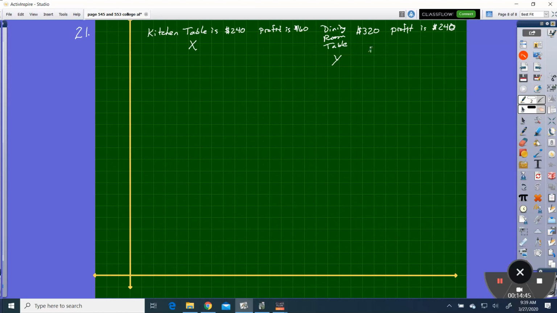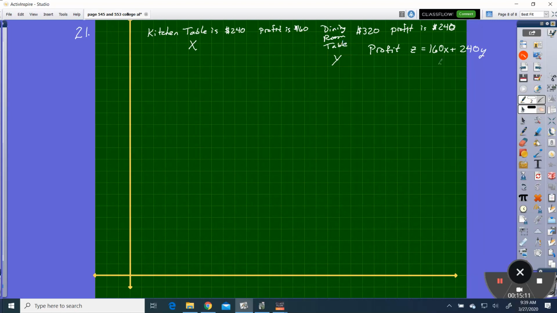So my profit, we're going to call it Z, is 160 times the number of kitchen tables we sell, and 240 times the number of dining room tables that we sell. So the easy thing would be like, hey, let's just sell straight dining room tables, but maybe they don't sell as many. So anyways, it's going to have a whole bunch of rules now.